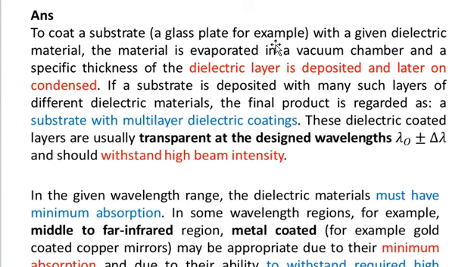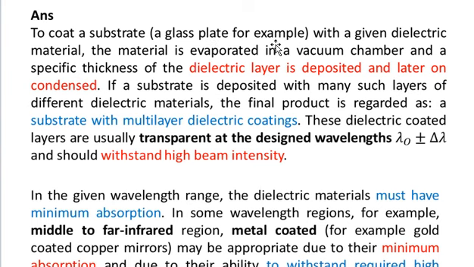But of course, since there is some tolerance, lambda naught plus minus delta lambda, and should withstand high beam intensity. So you see that here we have two requirements: the multi-layer coatings should be transparent at the designed wavelength, and they should be able to withstand high beam intensity.